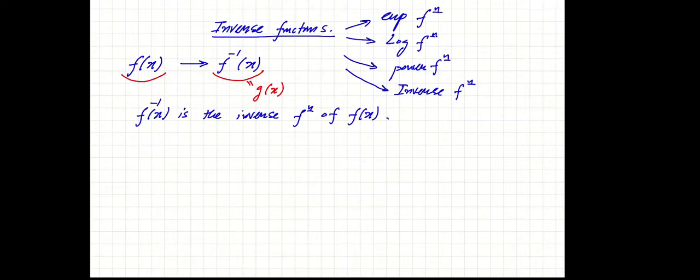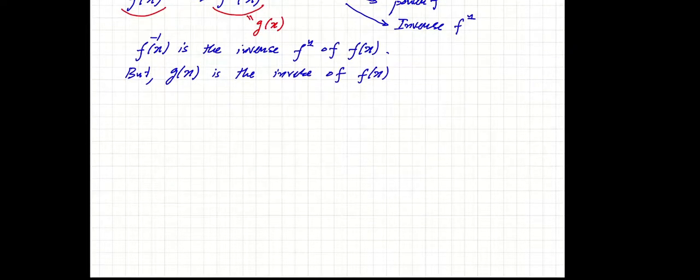So this is what typically we say, but one can say that g(x) is the inverse of f(x). Now what I want to convince you, if f(x) is the function, f inverse x is like this, right? And that is the inverse.